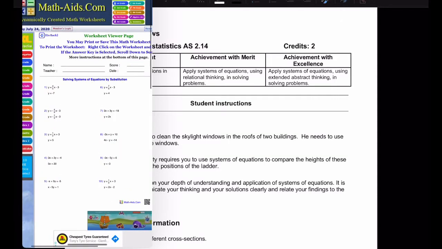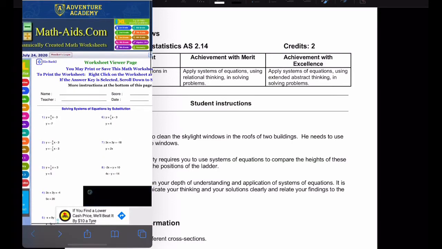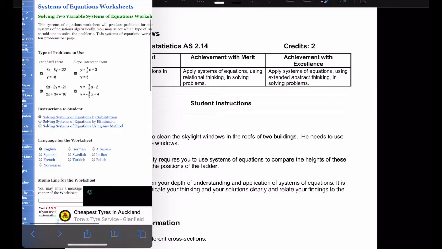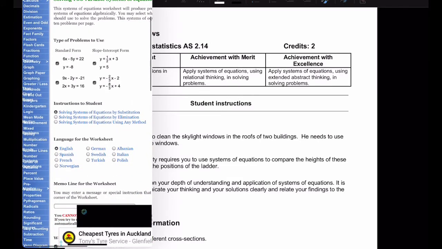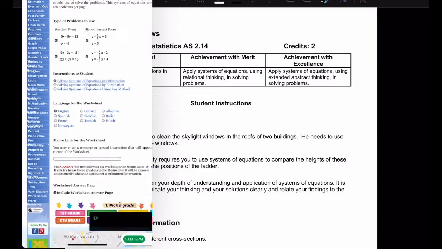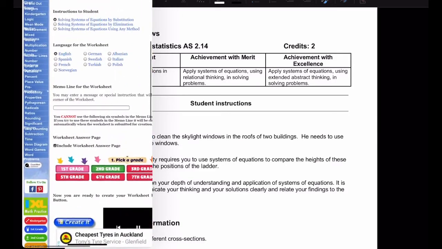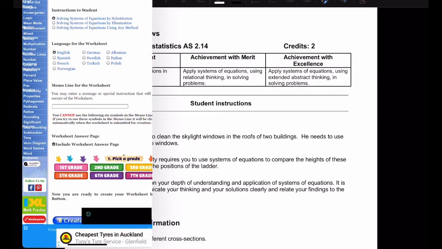So as you can see, we have some problems here. I'm going to teach you how to create your own. So you have different formats. You just need to select which ones you want, like so, and then whether you want to use the substitution method or the elimination method or a combination of both, and obviously the language, which is English, and then you click create it.